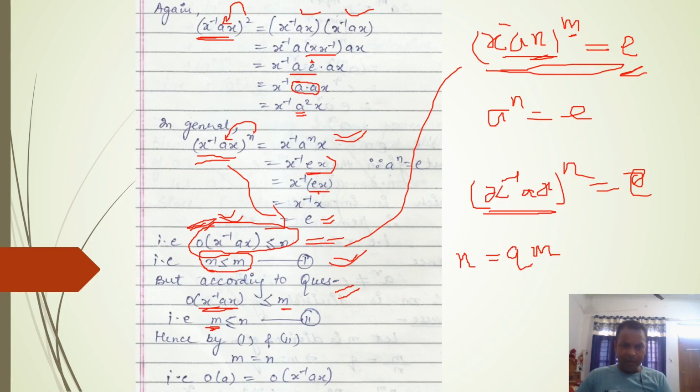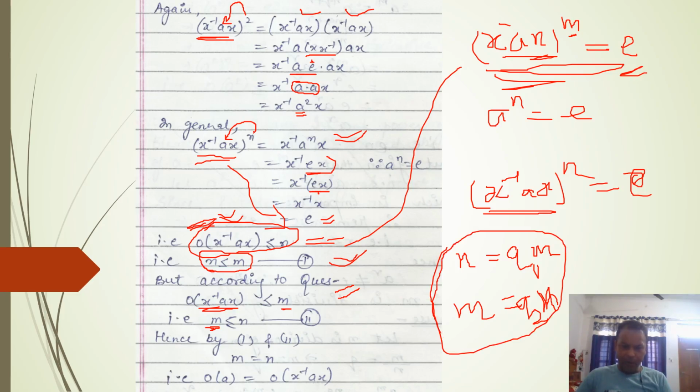But if you consider this part first, m is the order of this element and n is another power, so now n is divisible by m. Suppose this is your quotient q1 and this is your quotient q2. Both statements cannot hold simultaneously.